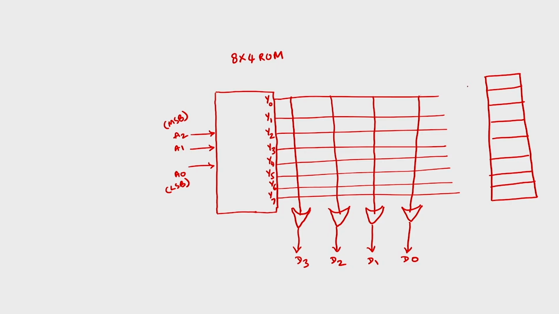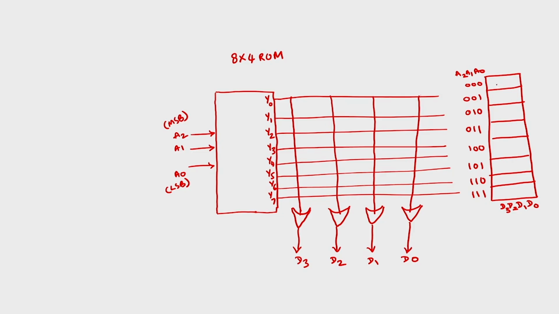So, in location 0, 0, 0, A2, A1, A0, I am going to store 4 bits, D3, D2, D1, D0.